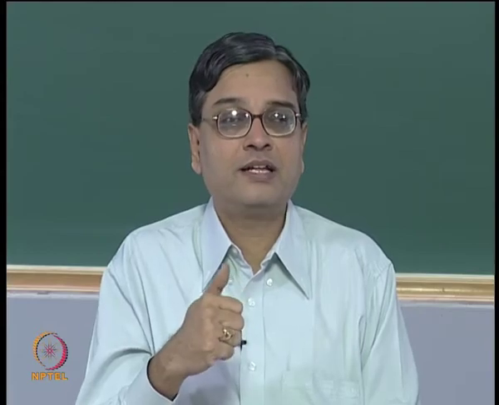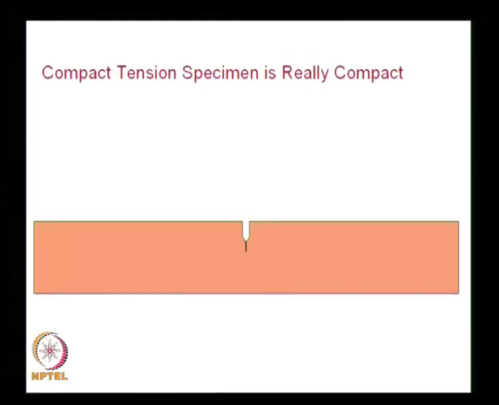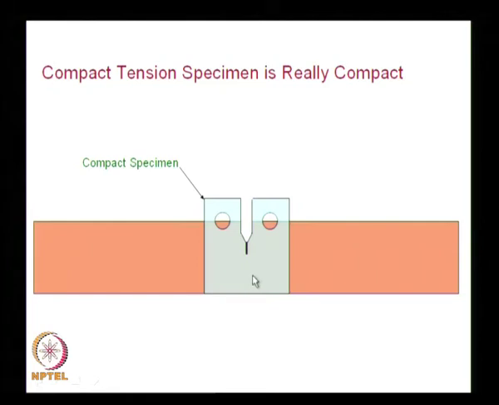So, people are ready to pay an extra price for testing a compact tension specimen, and if you really compare the relative sizes of a 3-point bend specimen and a compact tension specimen, it is like this. It is only a fraction of your 3-point bend specimen from which you can make a compact tension specimen.